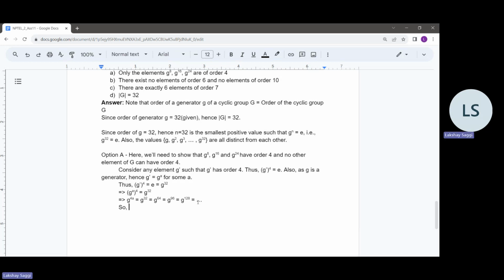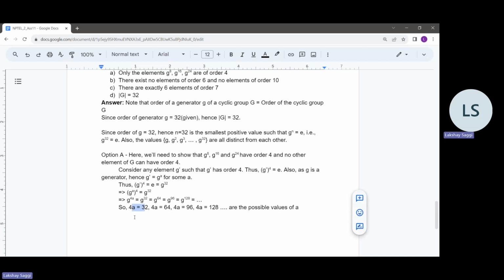So basically, 4A equals 32, 4A equals 64, 4A equals 96, 4A equals 128, and so on, are the possible values of A. And what do we get from here?